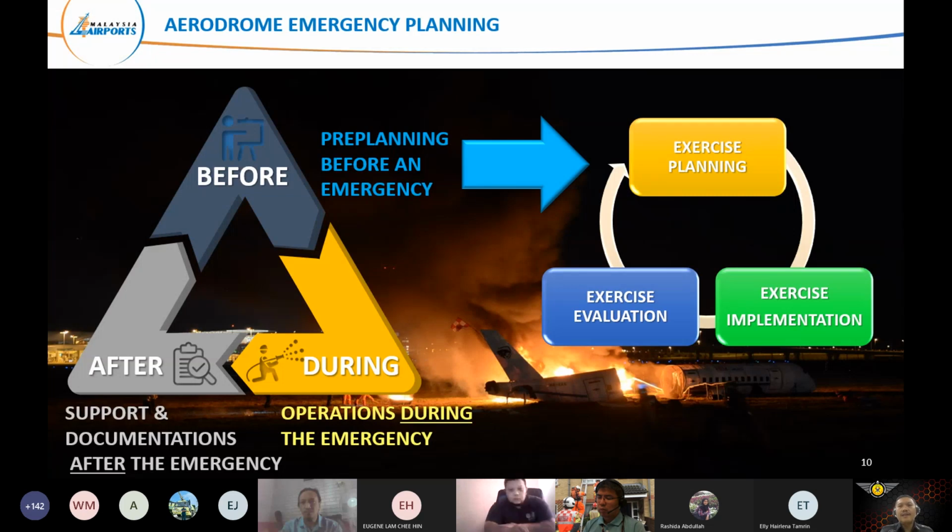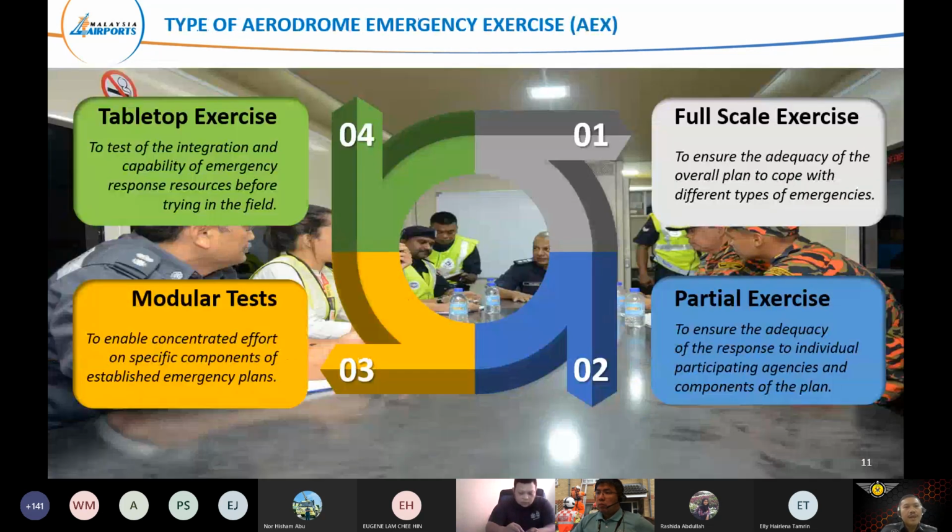So where is emergency exercise located? It's located during the pre-planning, before an emergency. The emergency exercise also has a cycle. We start with exercise planning, exercise implementation, and exercise evaluation. We can get the details on this planning in ASM Part 7, Airport Emergency Planning.